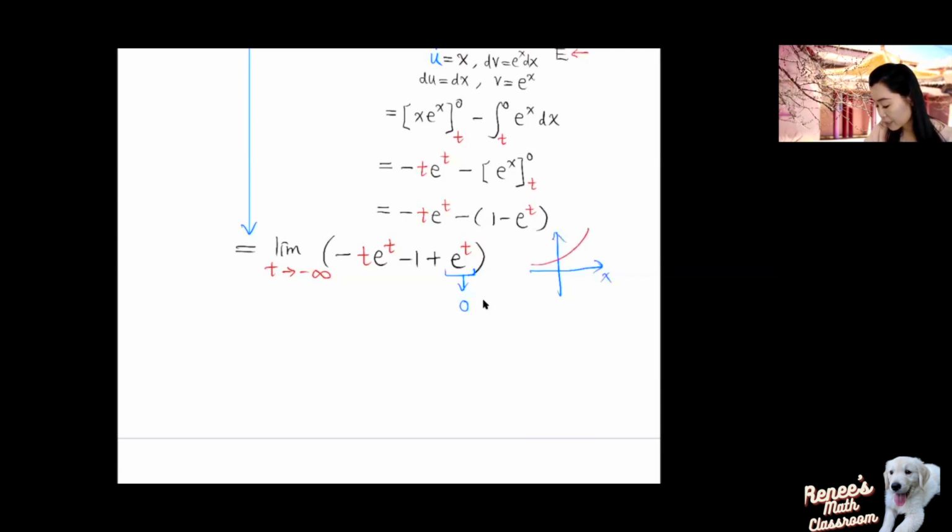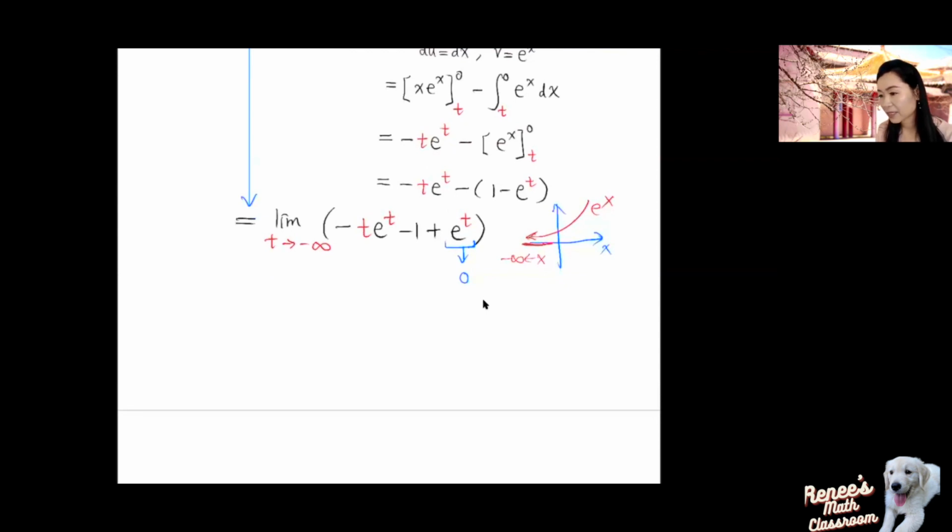So when x goes to negative infinity, you see that it's getting closer and closer to 0, right? So that goes to 0.